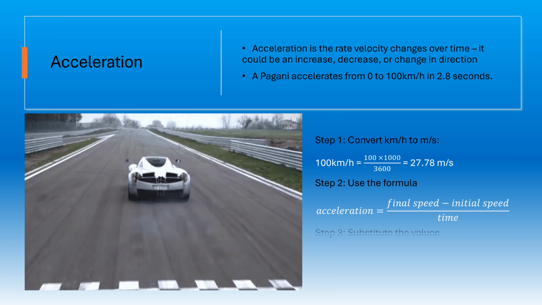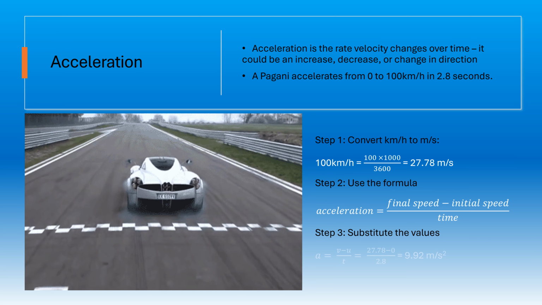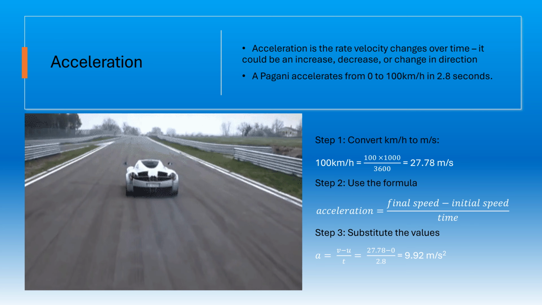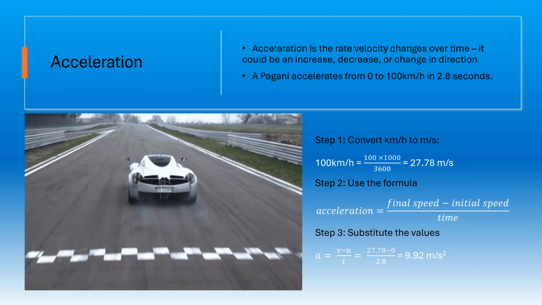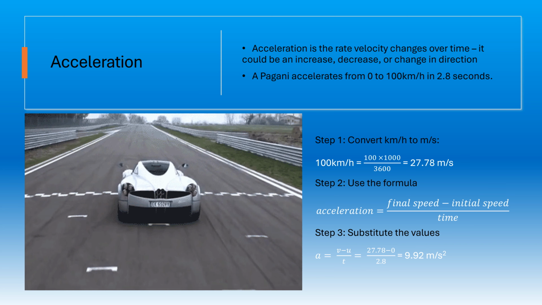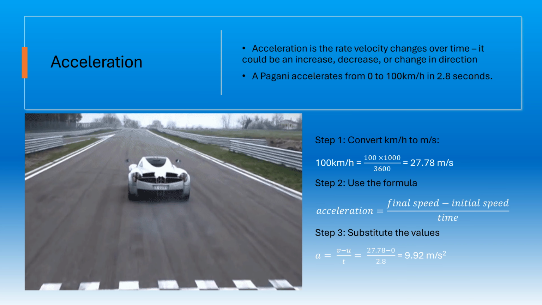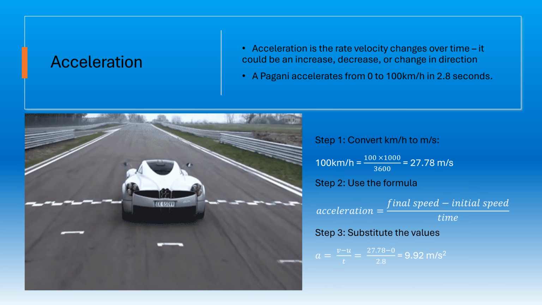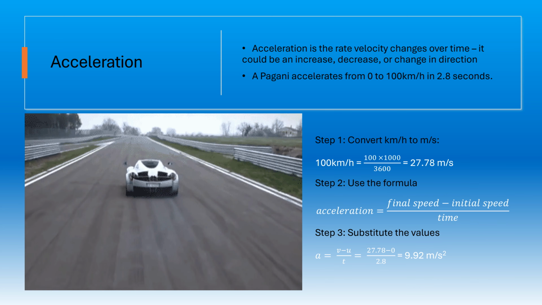And step 3 is to substitute the values. So 27.78 minus the initial speed of 0 divided by its time of 2.8 seconds gives us 9.92 meters per second squared. This means the Pagani accelerates at 9.92 meters per second squared.